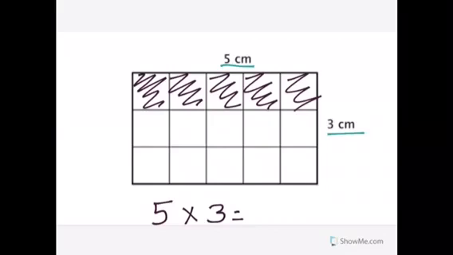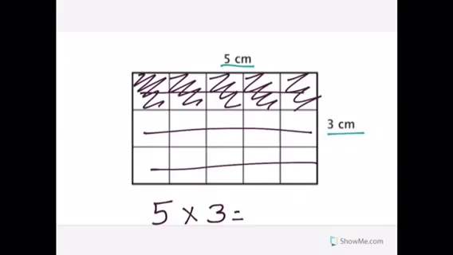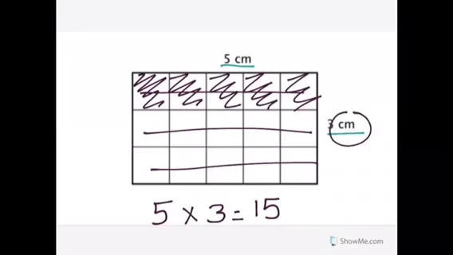So I could count by 5s. 5, 10, 15. I know the answer to my equation is 15. I'm going to label my answer centimeters, and because I'm finding area, I have squares, so I'm going to put my little 2 for square.